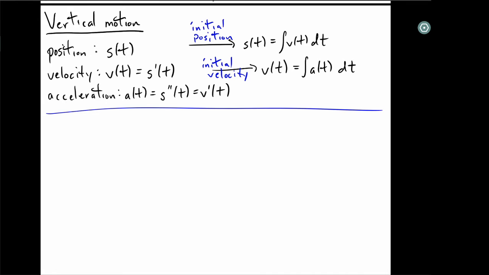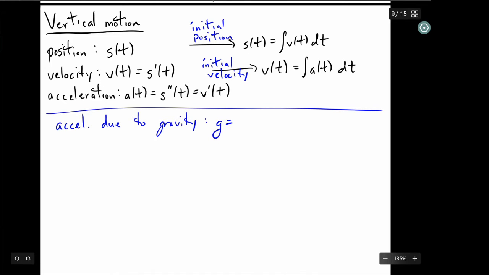So let's say we have an object that's thrown upward or launched into the air at some point. Let's look at the vertical motion. We have the acceleration due to gravity, which is our famous constant g.